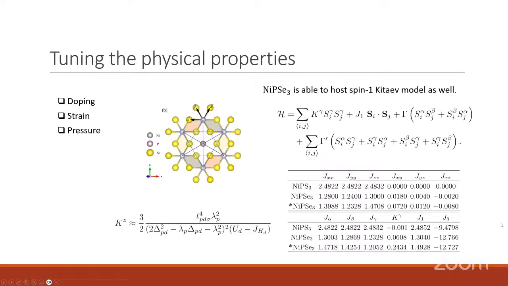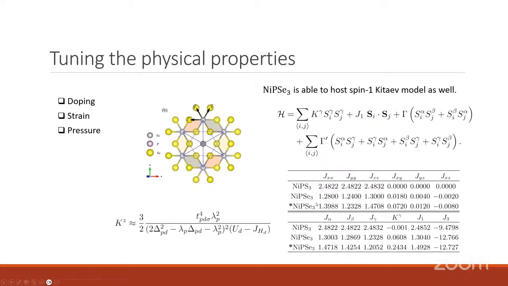So we also do the DFT computation to get an initial guess of the coefficients of each spin interaction. You can see that for MPX₃ without any spin orbital coupling, the off-diagonal terms and also the Kitaev terms are almost zero.